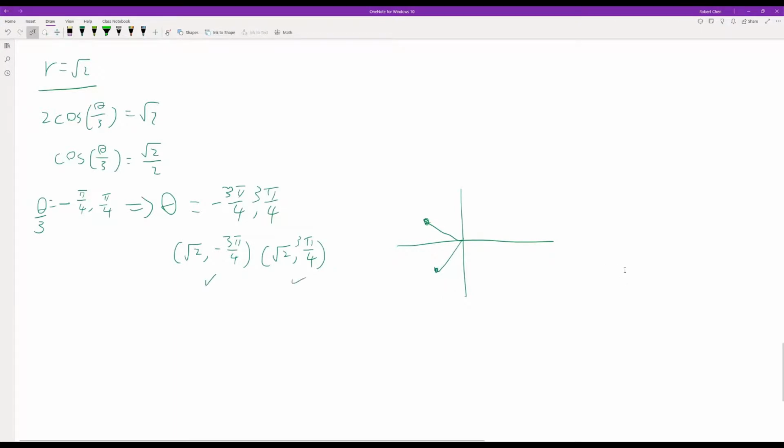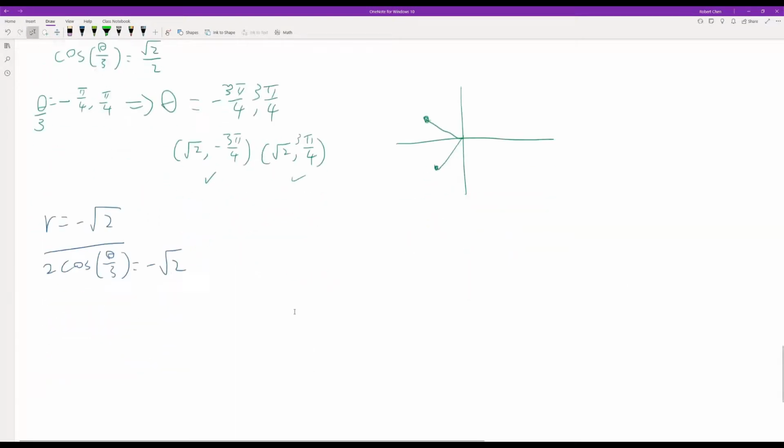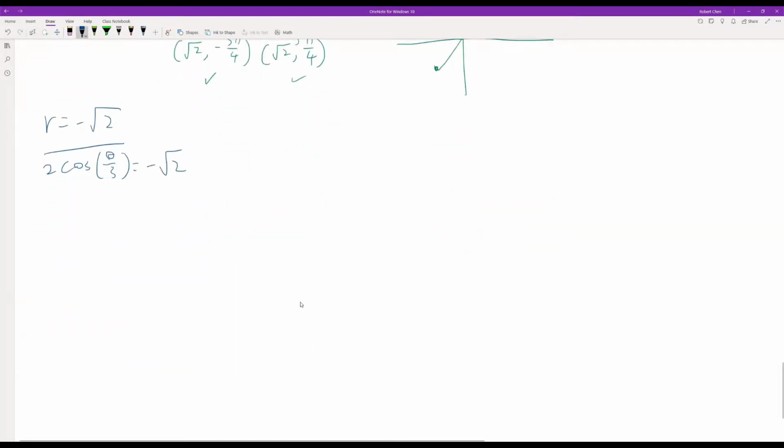That's good. Now let's check on negative radical 2. r is equal to negative radical 2, so 2 cosine theta over 3 is equal to negative radical 2. So cosine of theta over 3 is negative radical 2 over 2, and the cosine is negative radical 2 over 2 when the angle is 3 pi over 4 and 5 pi over 4.